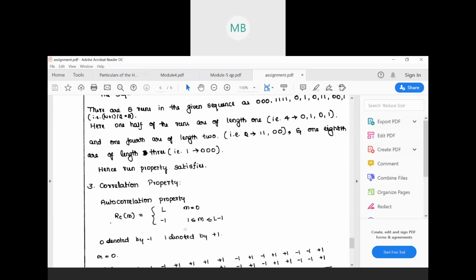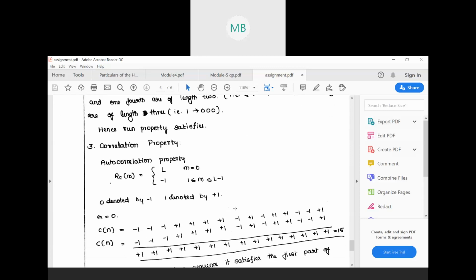Autocorrelation equation: Rc of k equals summation n equal to 0 to N minus 1 of Cn into Cn minus k, where Cn represents each bit of the given PN sequence.